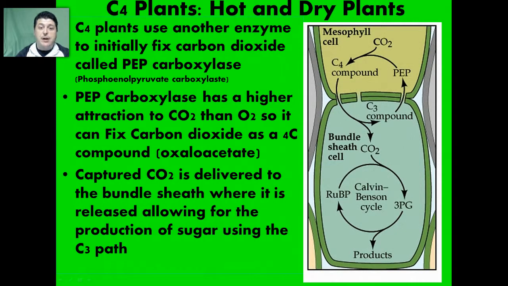C4 photosynthesis occurs both in the mesophyll and the bundle sheath cells of C4 plants. Initially, C4 plants use an extra enzyme called PEP carboxylase, which stands for phosphoenolpyruvate carboxylase, to grab hold of as much carbon dioxide as it can from those mesophyll cells, and convert it into a 4-carbon compound called oxaloacetate.